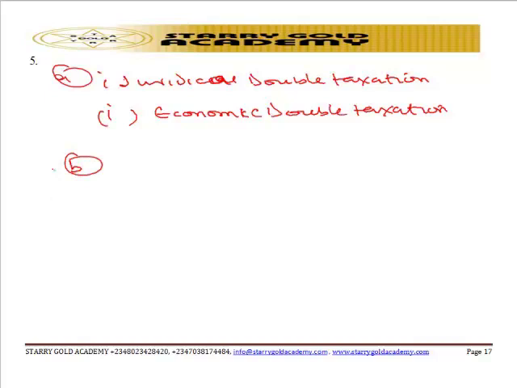Residents of an individual and residents of a company. Comparing 1, residents of an individual. Let's take that first. Resident of an individual is defined as a place available for domestic use of the taxpayer in Nigeria on the relevant day.